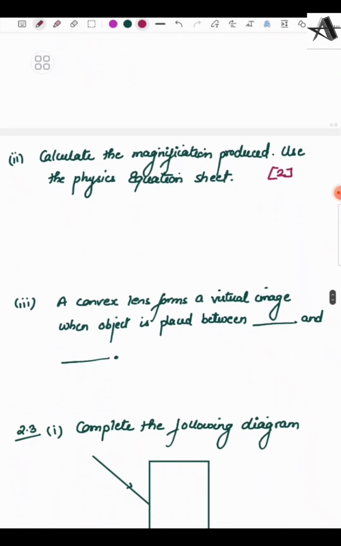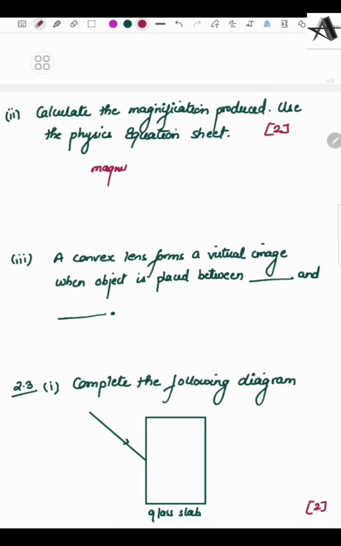Calculate the magnification produced. Use the physics equation sheet. See, the magnification is the ratio of height of the image and height of the object. We have to see how much an image has been magnified as compared to the length of the object. Height of image over height of object. Now, the problem here is that I haven't measured it properly.